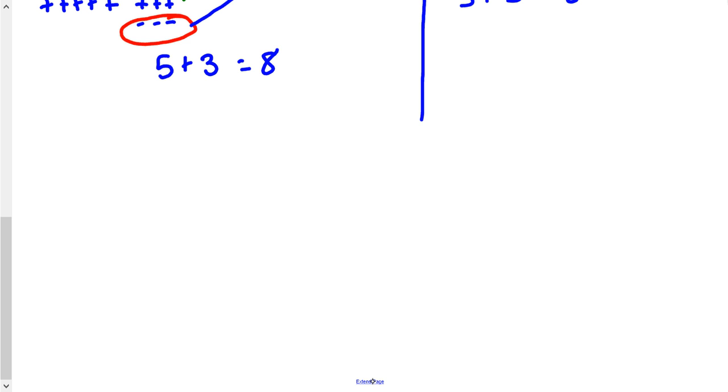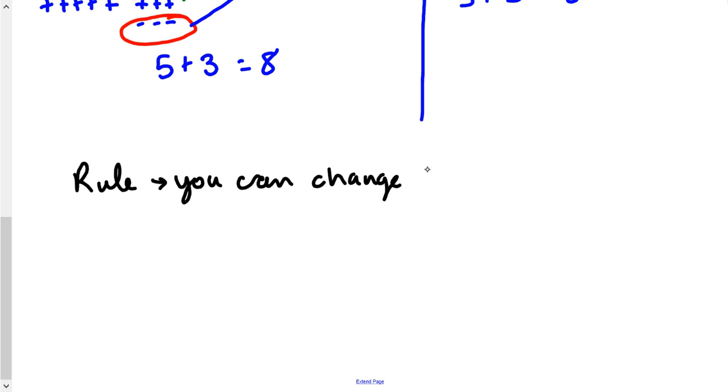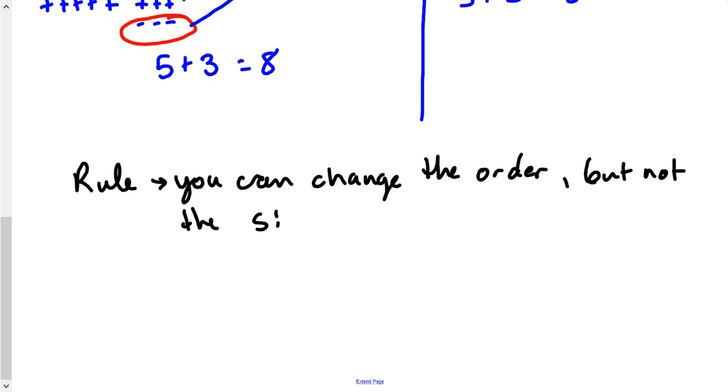Let's say this next one, I have a nice little rule. You can change the order, but not the sign. So for instance, -7 plus 2 is really the same thing as saying 2 minus 7.